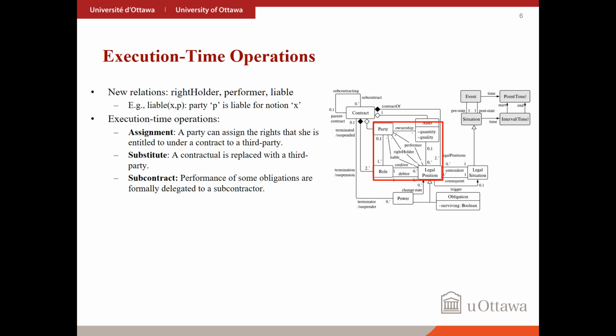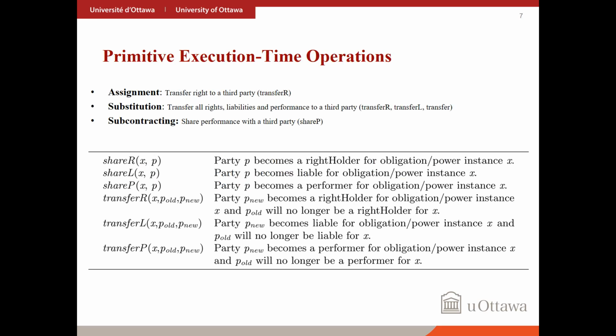Subcontracting shares performance of a set of obligations with one or more other parties through subcontracts. The actions underlying these operations are categorized as sharing or transferring right, responsibility, or performance of parties. For example, assignment transfers right to the new third party. Substitution transfers right, liabilities, and performance to a third party, and subcontracting shares performance with a third party.